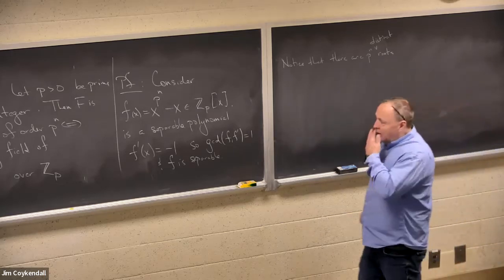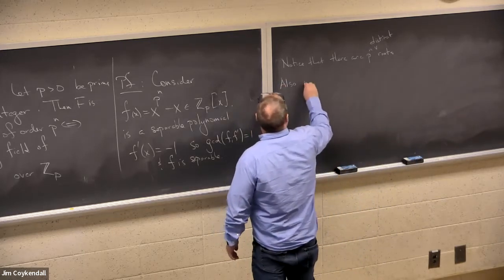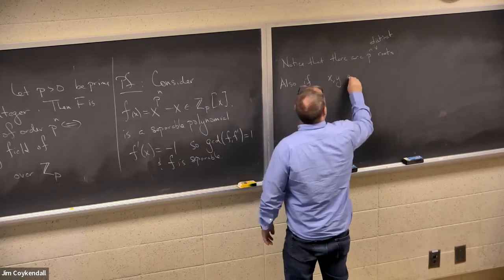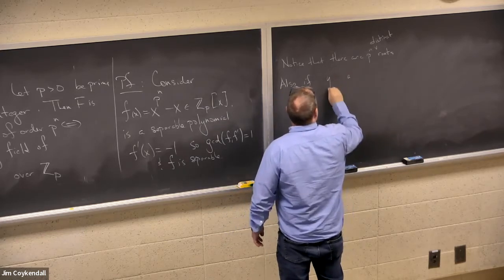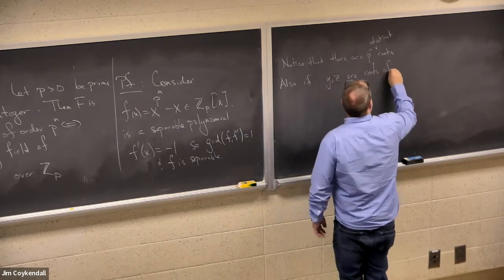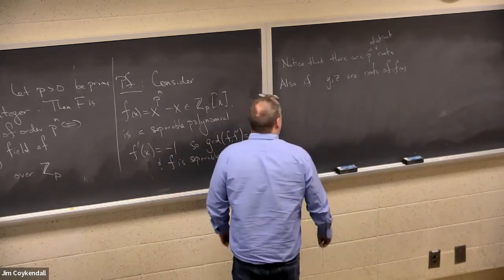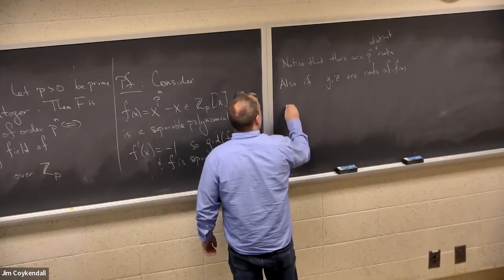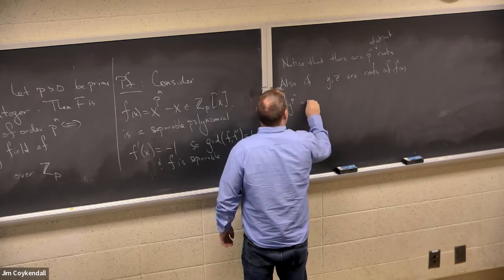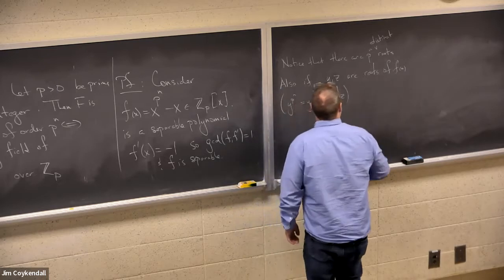Okay. Notice that this forms a ring. If, let's say, y and z are roots of x to the p to the n minus x, then notice that y to the p to the n equals y and z to the p to the n equals z.